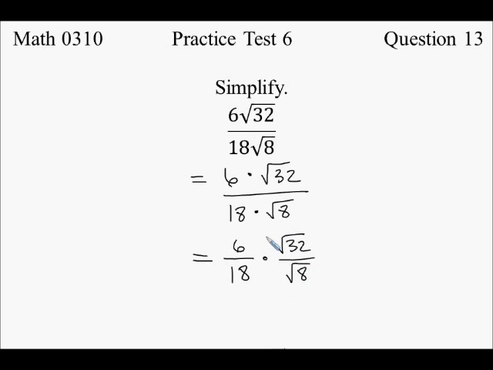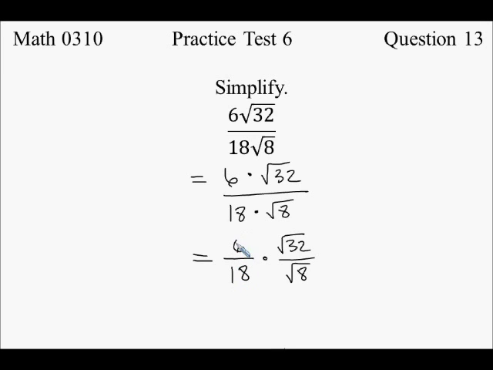We can do that because if I were to multiply these back together, I would multiply the numerators, 6 times square root 32, and get back what I had originally. And on the bottom I would multiply the denominators, because with fractions we multiply straight across. So that's okay, we can split it up into those two separate pieces.